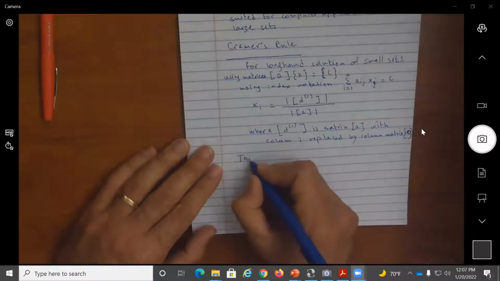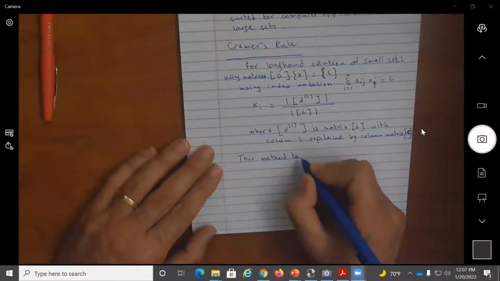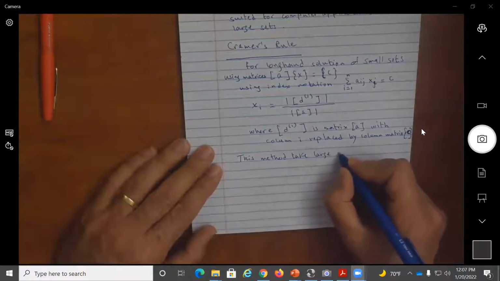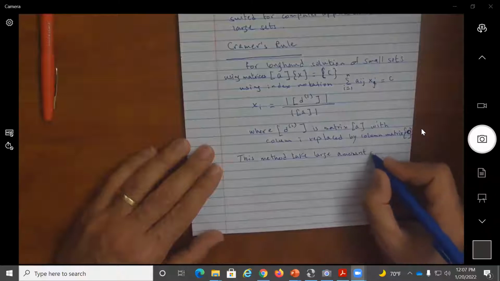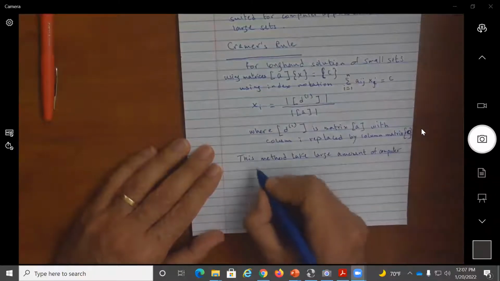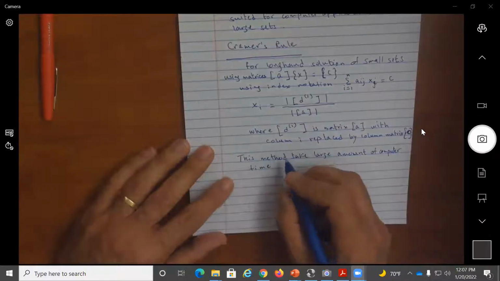This method takes a large amount of computer time, of course, for large sets, and is not suited for large systems.